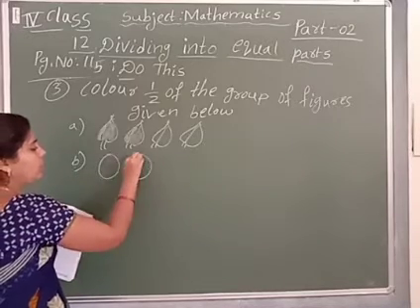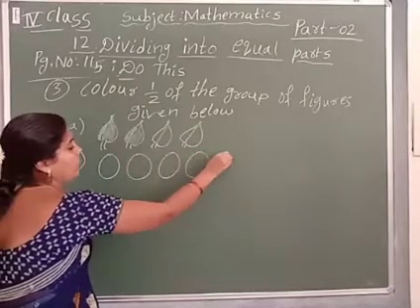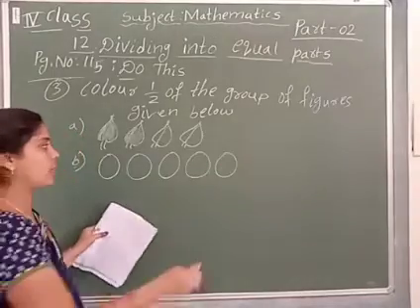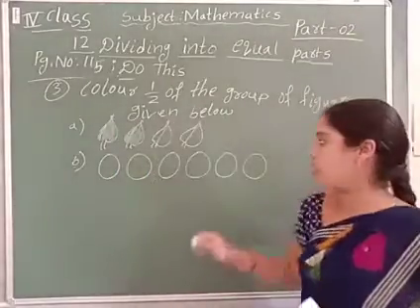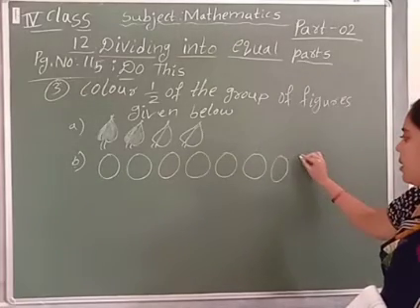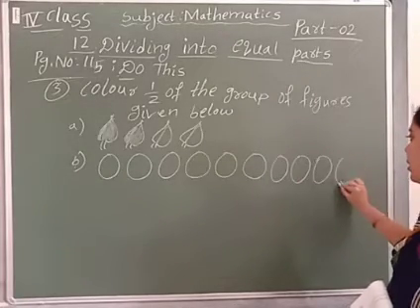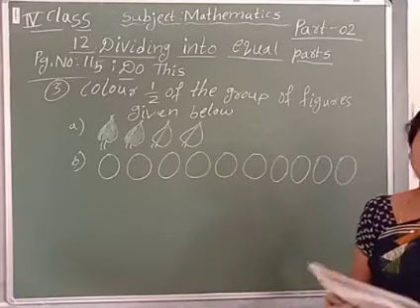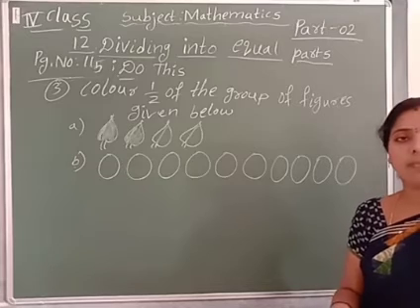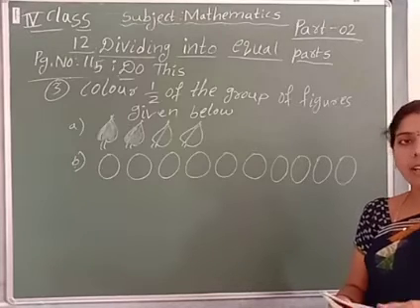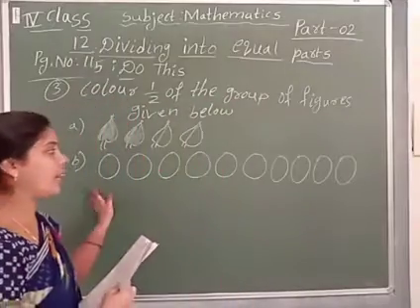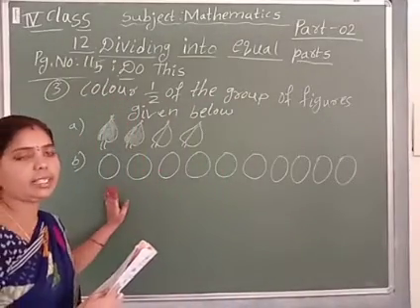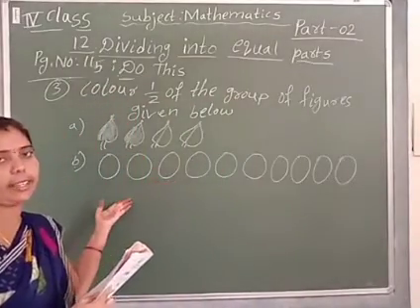So in those 10 circles, half is 5 only. Yes. So now you will shade 5 circles. Any 5 circles you can take. Nothing will happen.